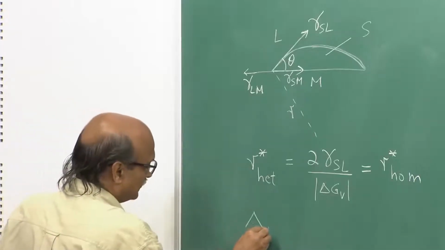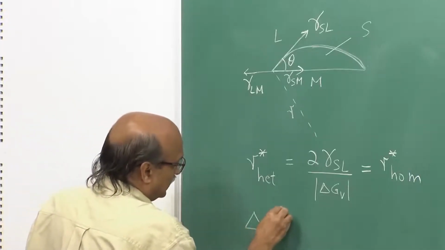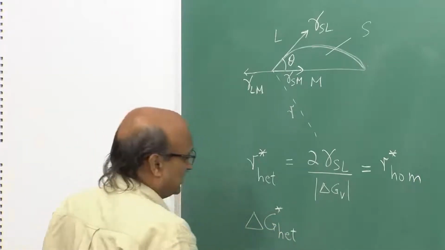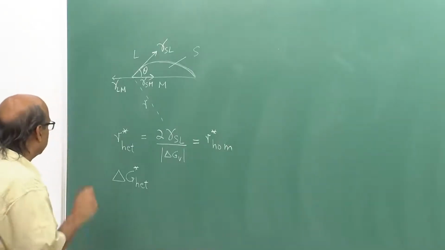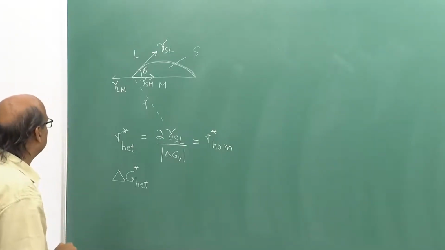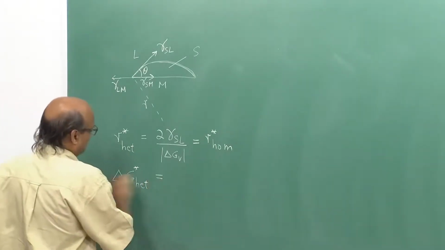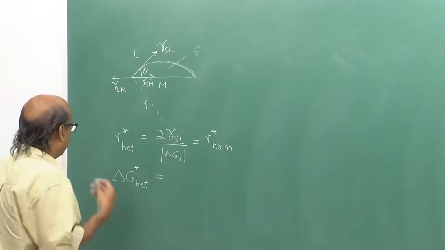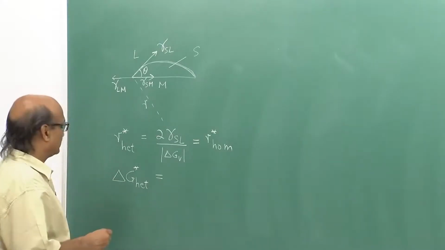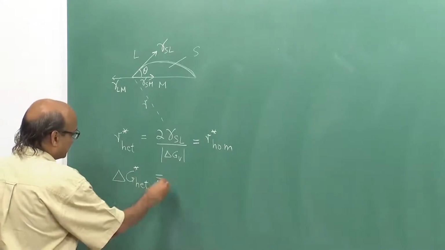Similarly, delta G star heterogeneous, that is the free energy of the critical size nucleus in this case, is also related to the free energy in the case of the homogeneous nucleus of critical size.